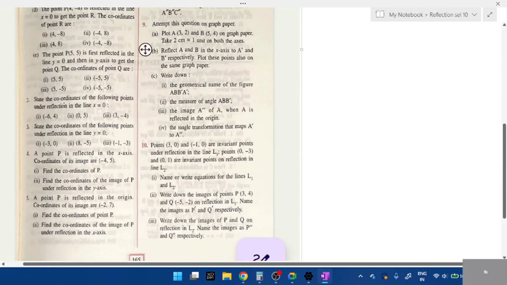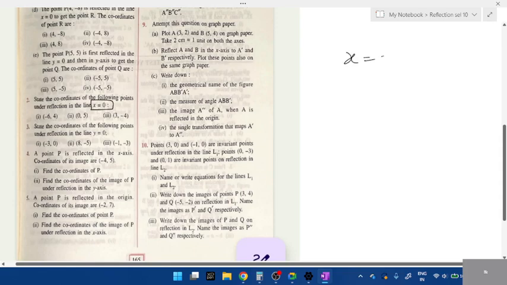State the coordinates of the following points under the reflection x is equal to, state the coordinate of the following points under y is equal to 0.